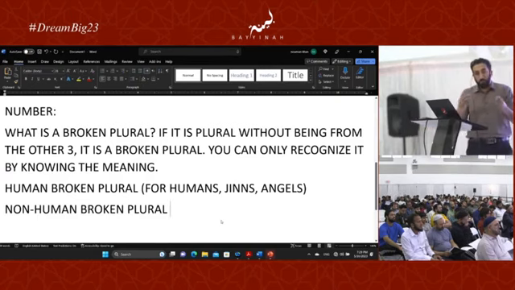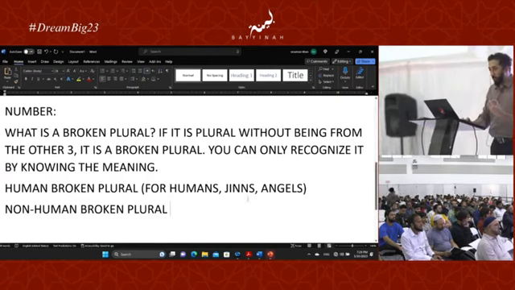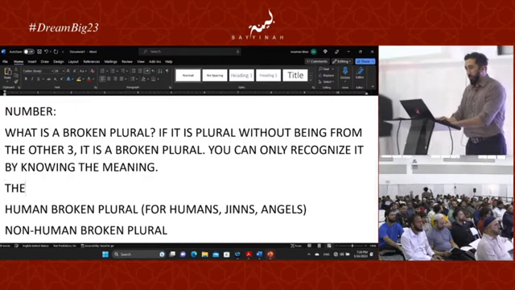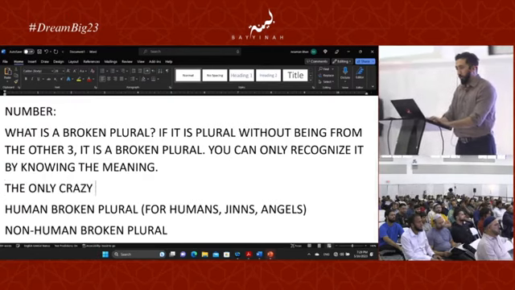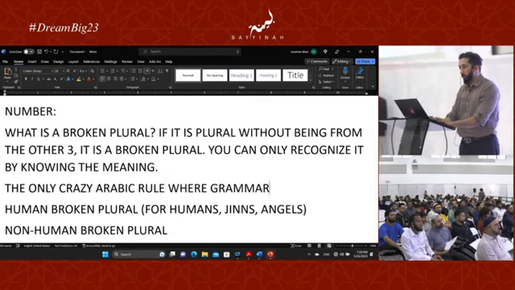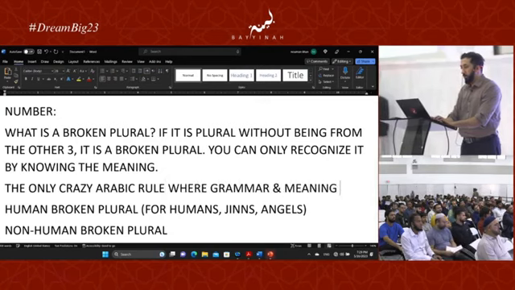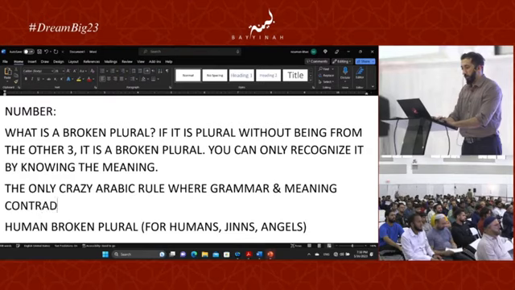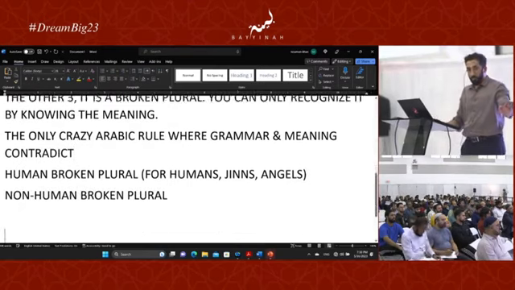Now, if you want to summarize what the Arabs do, I'm going to put this here: the only crazy Arabic rule where grammar and meaning contradict. The grammar is saying one thing, the meaning is saying something else.